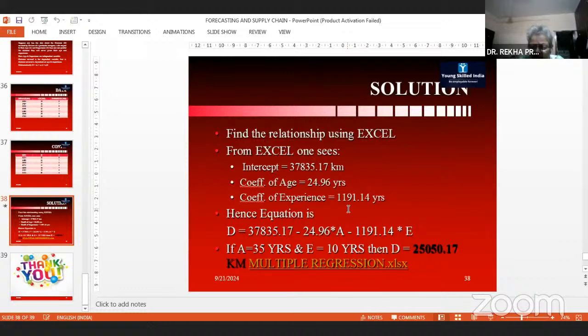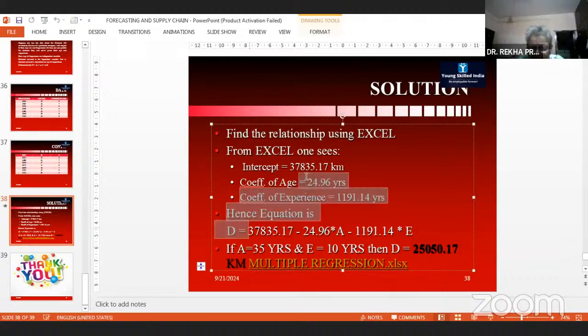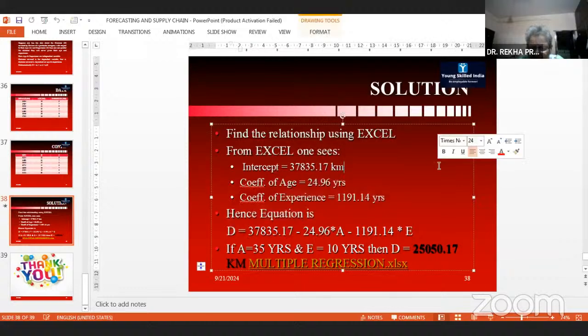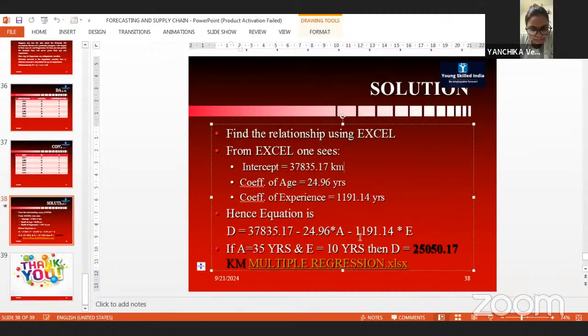That is what I have got from the Excel. Now I put it in: distance is equal to what? Intercept, plus age into the coefficient of age, plus experience into the coefficient of experience. So you can find out, it has to be plus plus.